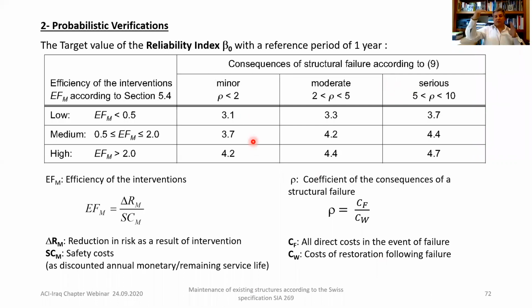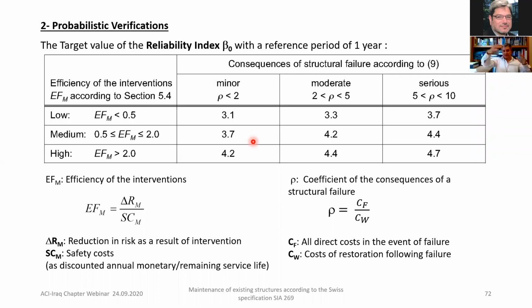So according to these, you have the guideline for how to choose the target reliability index. If the efficiency of intervention is very high and the coefficient C is high, you have to rely really on your project, on your structure. So it's very important.